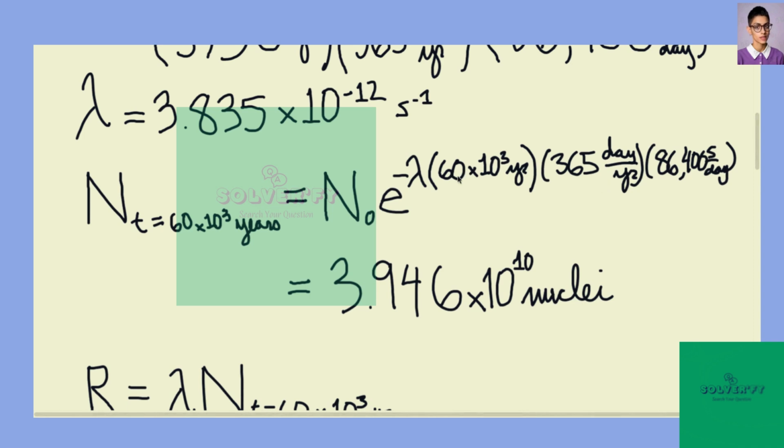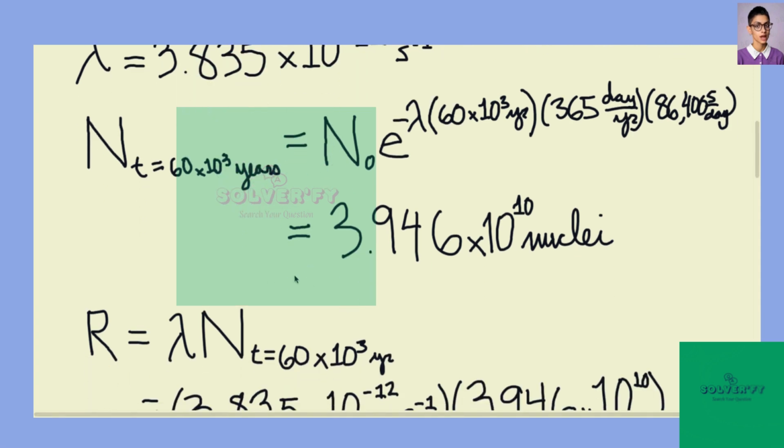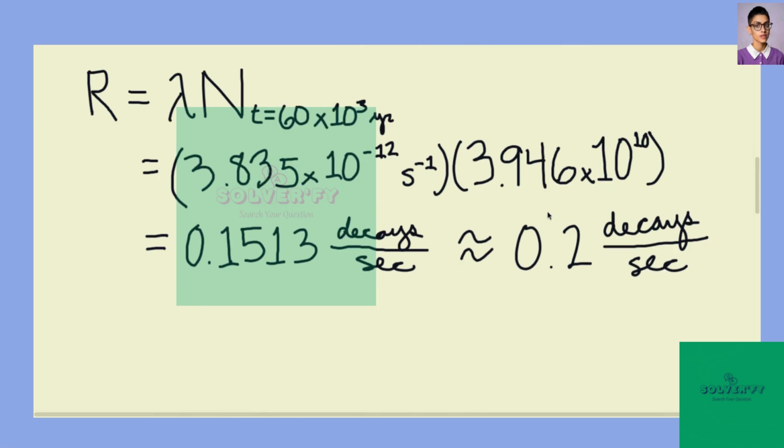And doing that and using the decay constant we just found and the amount of carbon-14 initially in terms of number of nuclei, we find that after 60,000 years, there are 3.946 times 10 to the 10 nuclei left in the bone.